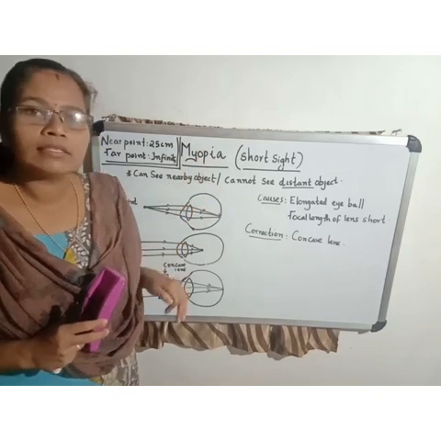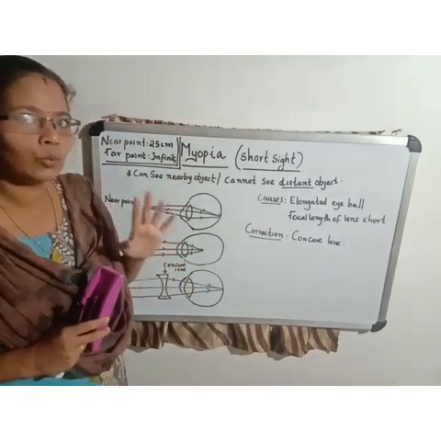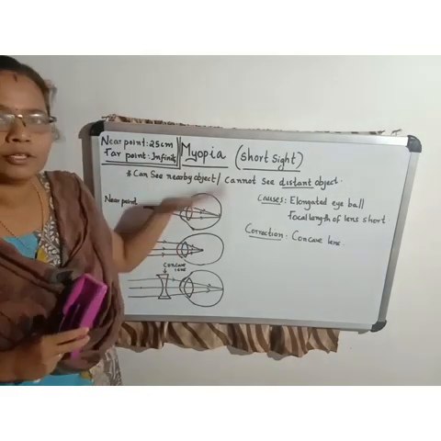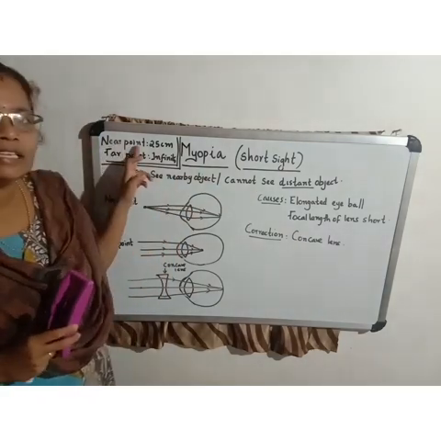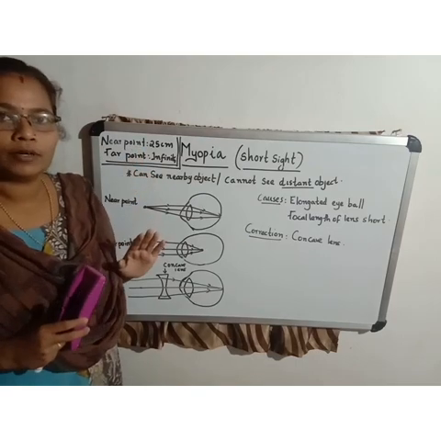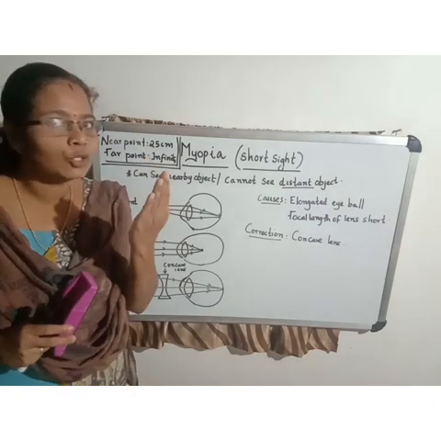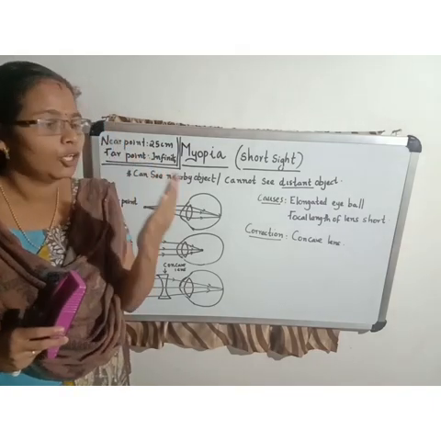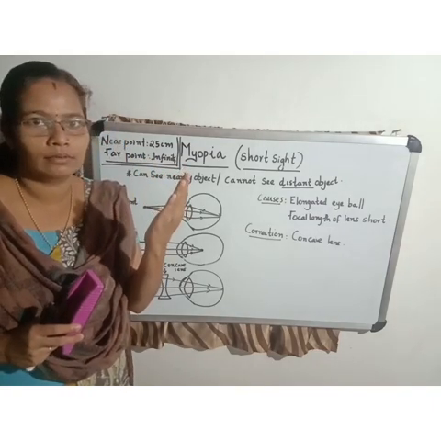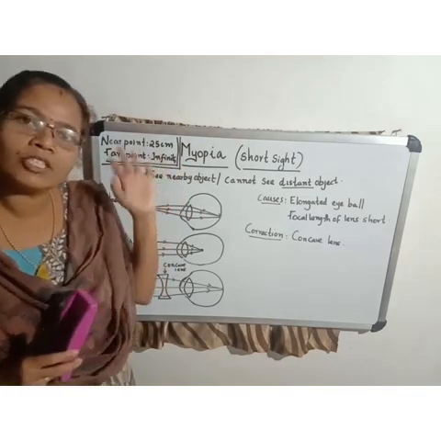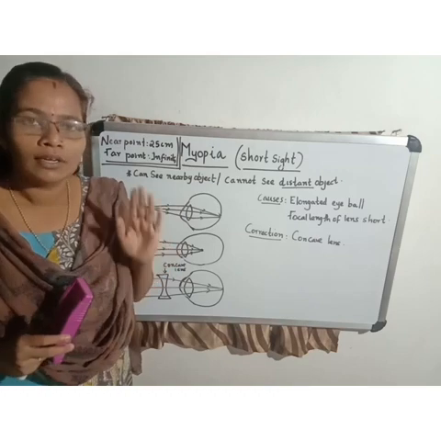Before getting to the topic, I wish to explain two terms related to this. First is the near point. The near point is the minimum distance we need to keep from the eye in order to get clear vision. For a normal eye, the near point is 25 centimeters.